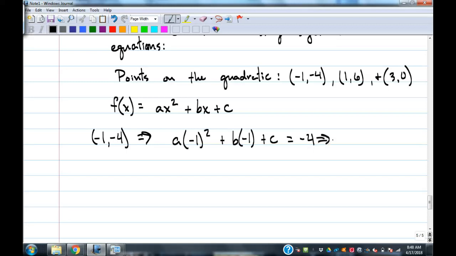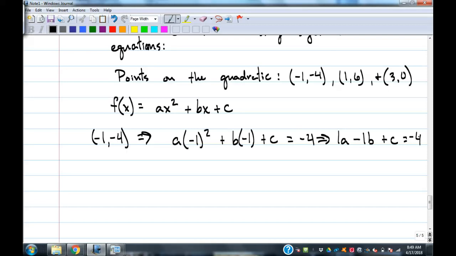That creates an equation that has variables a, b, and c. So instead of finding x, y, and z on this type of problem, we're going to find the coefficients of our quadratic, a, b, and c. What's -1 squared? 1. So that's 1a minus 1b plus c is equal to -4.